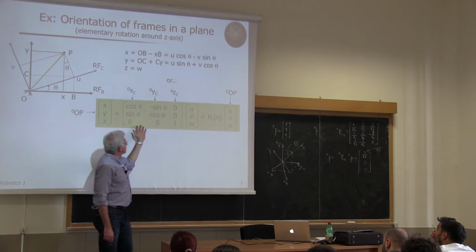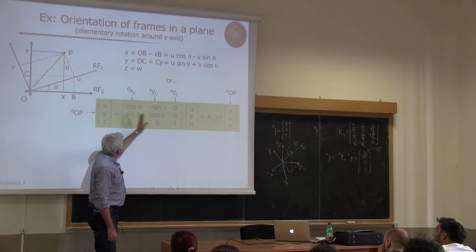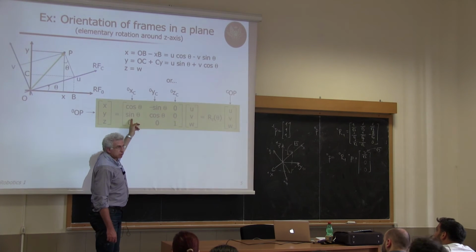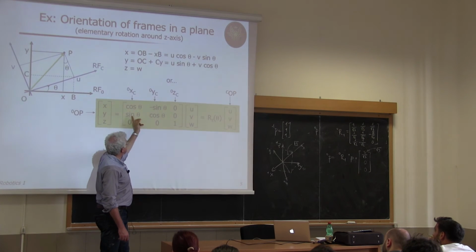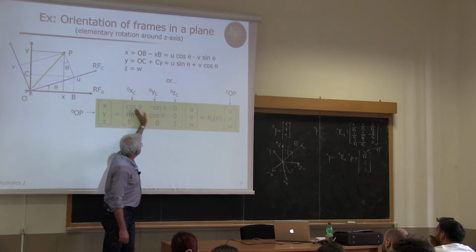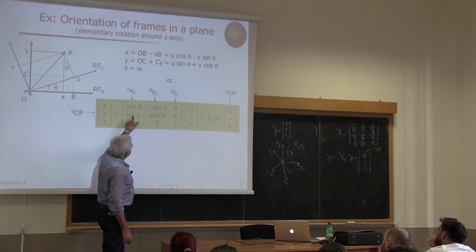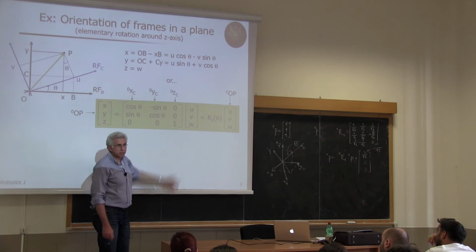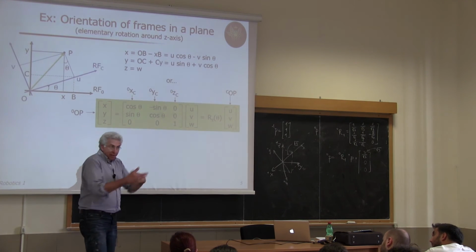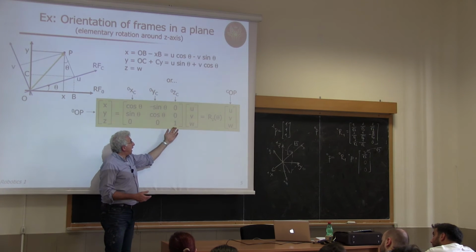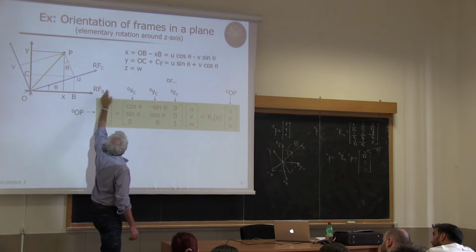You can immediately tell that this is an orthonormal matrix. Now it's easy because of cosine, sine, square, 1, orthogonal, cosine, minus sine, cosine, plus, these are on the 0, and then the determinant is cosine square plus sine square times 1, so it's 1. And again, what is the z-axis of the C frame?